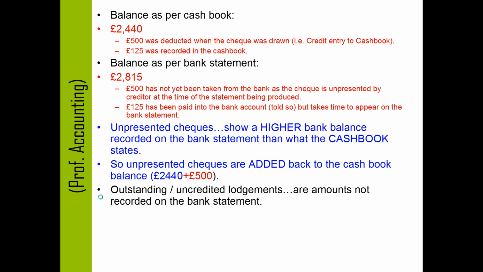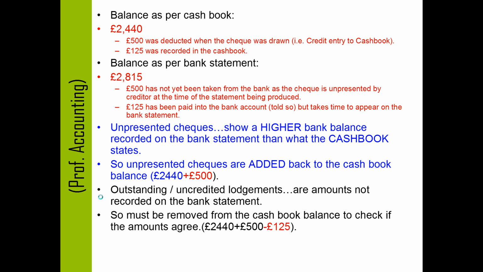Because it was recorded in the cash book and it's actually not on the bank statement, we've got a situation where you're looking at your bank statement, it's not on there, but it is actually in your cash book. So you've got to make them like for like again. So you take it away from the cash book balance, to check if the amounts agree.